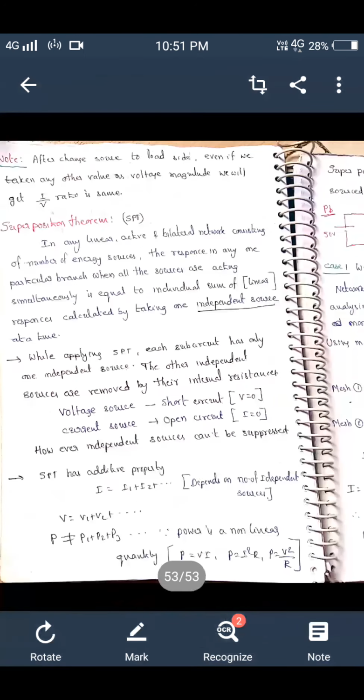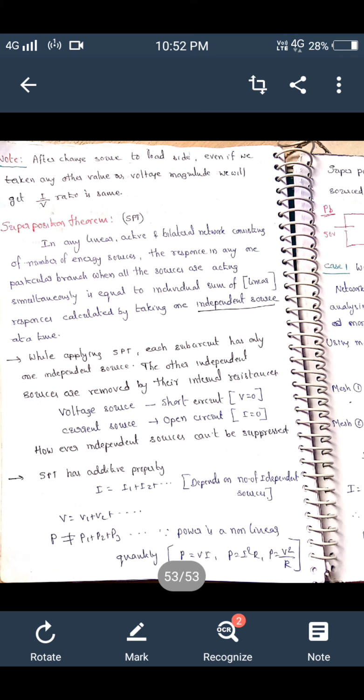This superposition theorem fails in some applications. Where will it fail? It won't fail anywhere. Whenever mesh and nodal analysis fail, to find any branch current or voltage, we use the superposition principle in open loop.